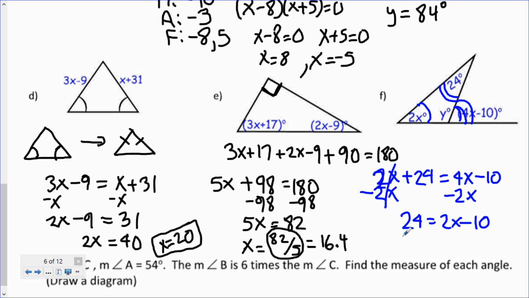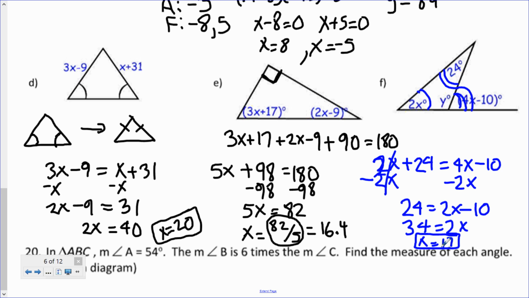Add 10 to both sides. We'll have 34 equals 2x. And that means that x is equal to 17. And this completes the solution for number 19.